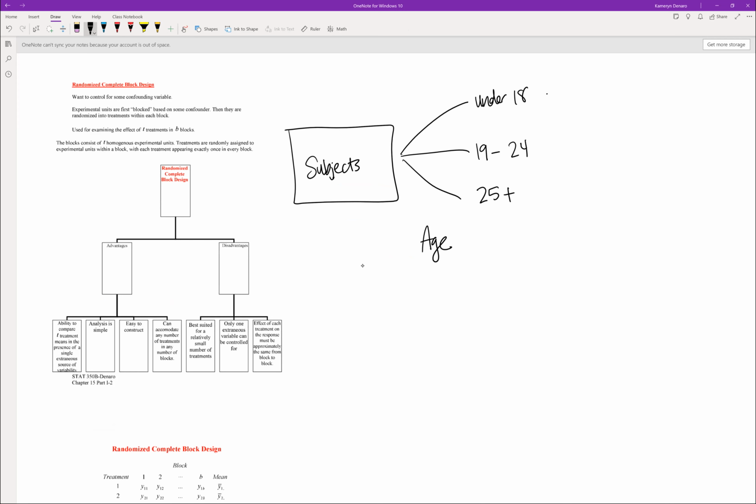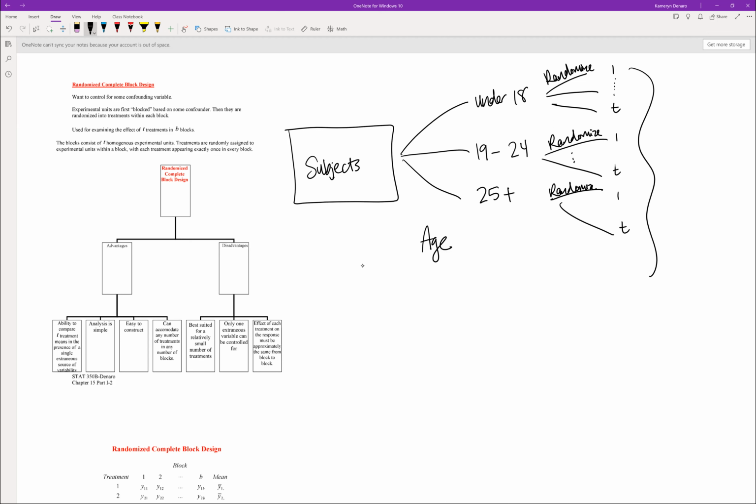From there, we're going to randomize into treatment 1 down to treatment T for each of these groups. And at the end of the day, we're going to examine some response variable.